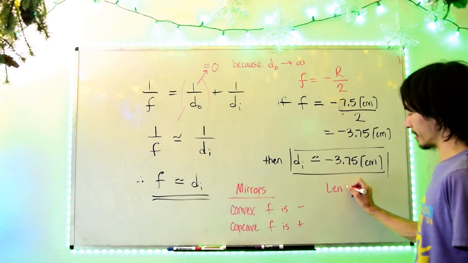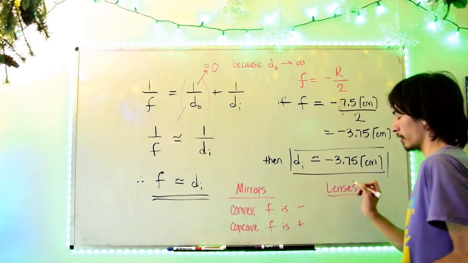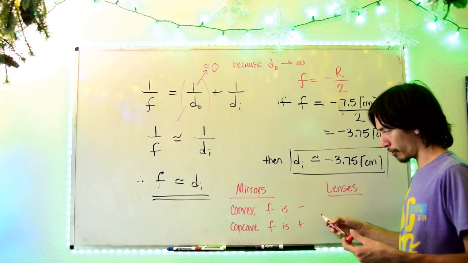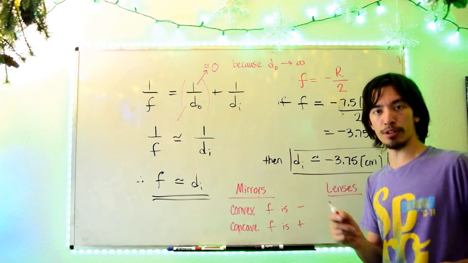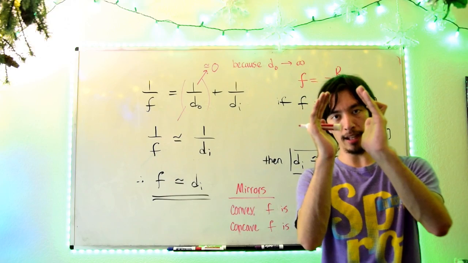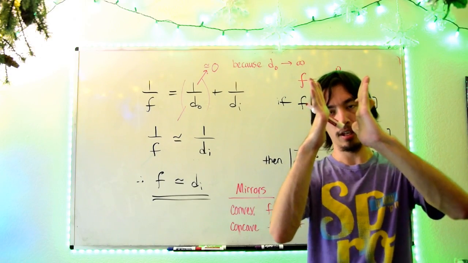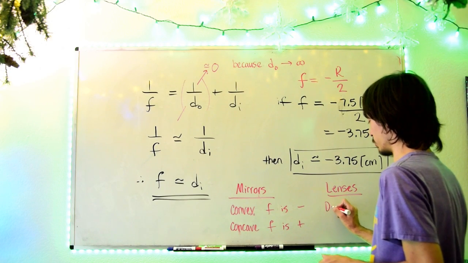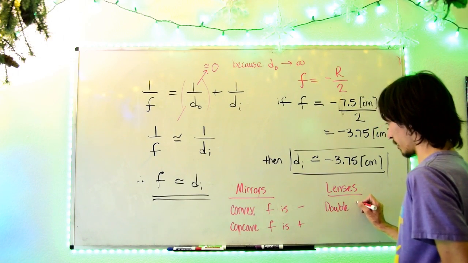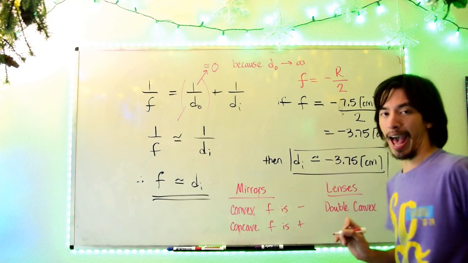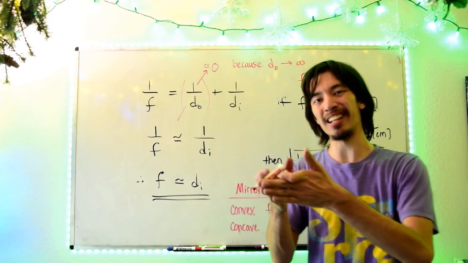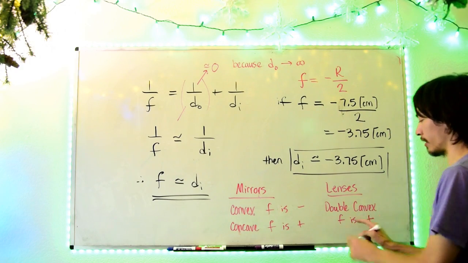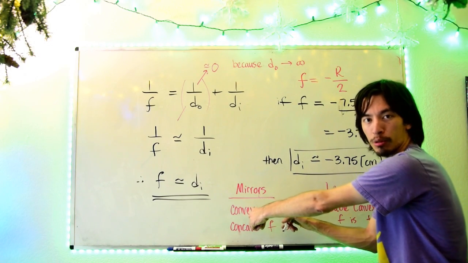When we do the lenses, if you choose to talk about convex and concave, so a double convex lens and a double concave lens, you have to be careful about that, because the double convex is actually going to converge the rays, not diverge the rays, which means that the focal length is positive, as opposed to the convex mirror, which the focal length is negative.